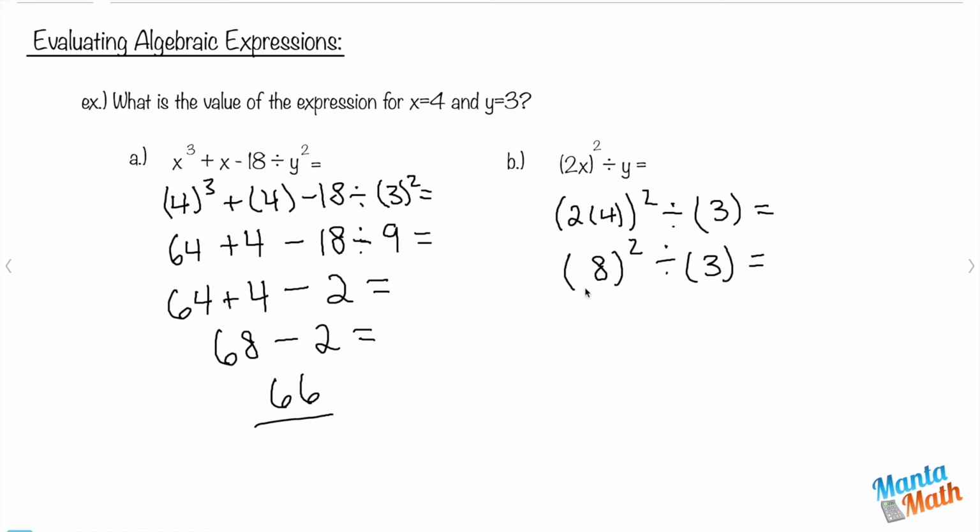Now simplify the exponent, so 8 squared, 8 times 8 gives you 64, divided by your 3. Once we've done the exponent, it's either multiplication or division. We have no multiplication, just division. So 64 divided by 3 can't actually simplify, so you can just put it as 64 over 3. And that's your answer.